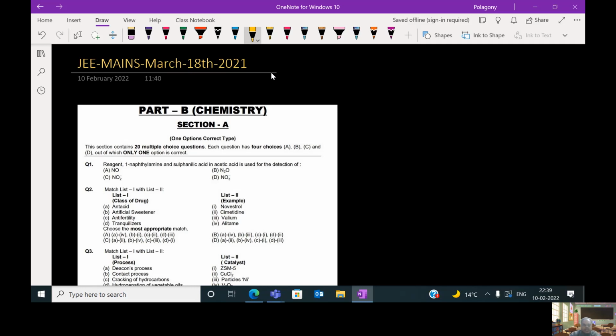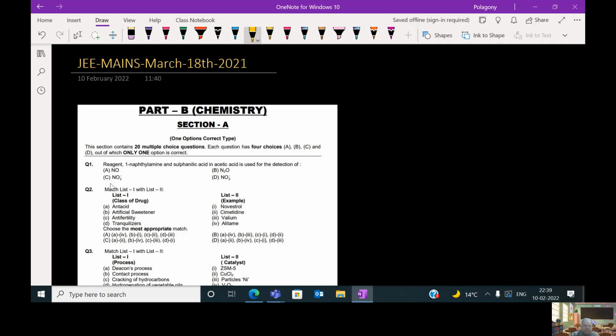Okay, let us start the discussion of the questions. The first question is the reagent 1-naphthylamine and sulfanilic acid in acetic acid is used for detection of A. nitric oxide, B. N2O, C. NO2 minus, and D. nitrate ion.